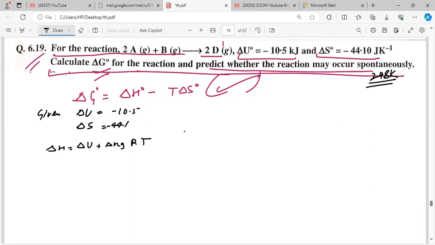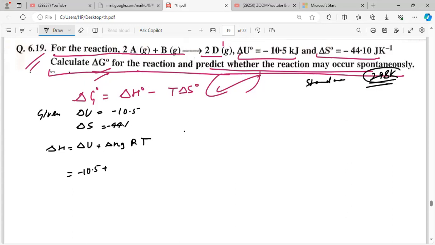Question number 19, you check. Sir, delta U minus 10.5. Calculate delta G naught for the reaction. Predict whether the reaction may occur. Temperature? No, sir. Nothing given. Then you consider the standard condition.